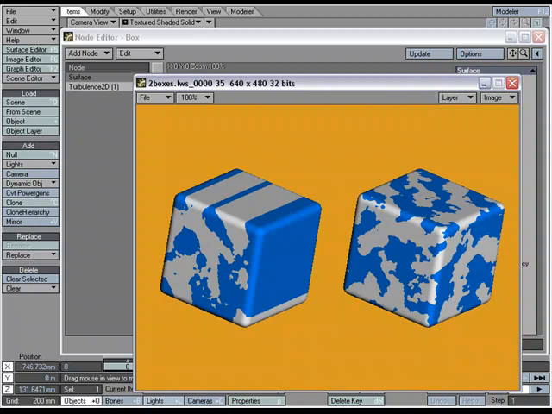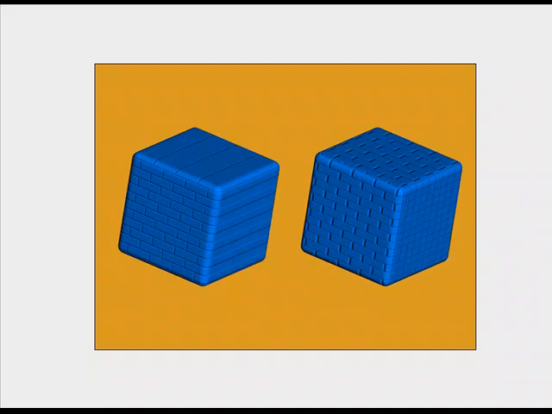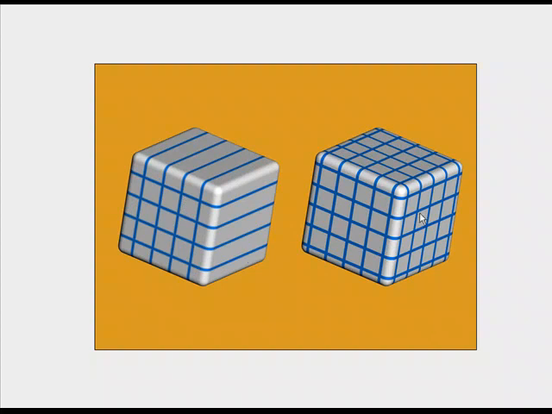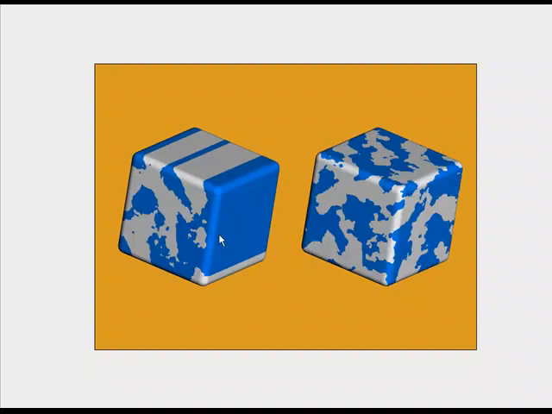Using any of the 2D textures with planar mapping will give similar results. Here we've got the brick 2D texture and the brick 3D texture, and you can see the difference here. Again, it's mapping it as if it were just an image mapped in one axis. We've got checkerboard 2D and 3D, grid 2D and 3D, and turbulence 2D and 3D.